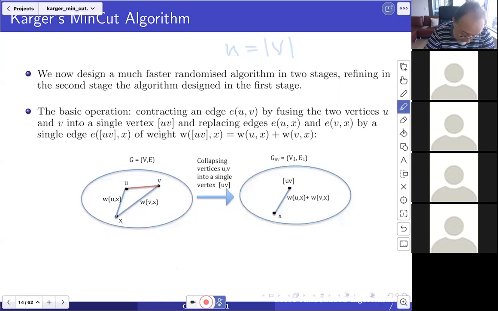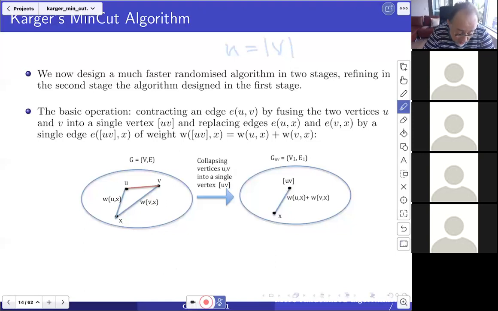Okay, so having in mind this contraction procedure, let us now see if we pick an arbitrary edge, how does this impact the capacity of the min cut? So the question is, does the contracting only apply to edges which cross the cut?